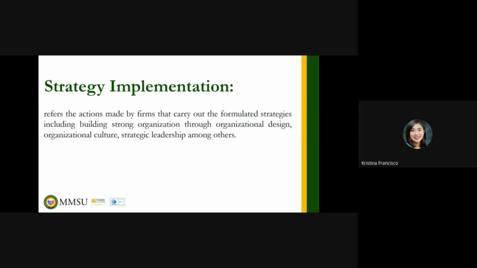Now, the success of the strategy implementation stage is critical to the overall success of your strategic management process. Again, this particular stage requires strong leadership because you are now going to implement what you had for your first and second stages.